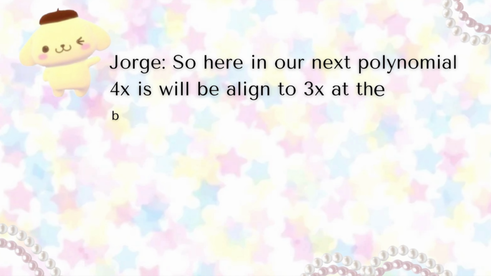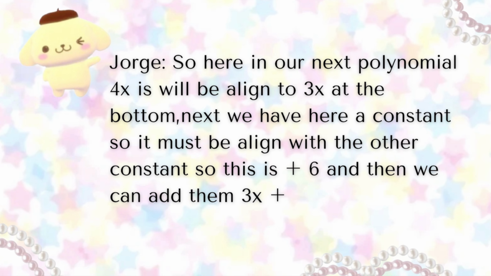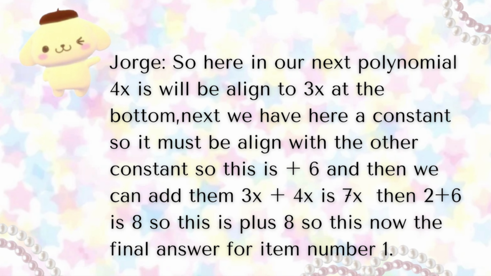So here in our next polynomial, 4x will be aligned to 3x at the bottom. Next, we have here a constant, so it must be aligned with the other constant. So this is positive x, and then we can add them. 3x + 4x is 7x. Then 2 + 6 is 8. So this is plus 8. So this is now the final answer for item number 1.